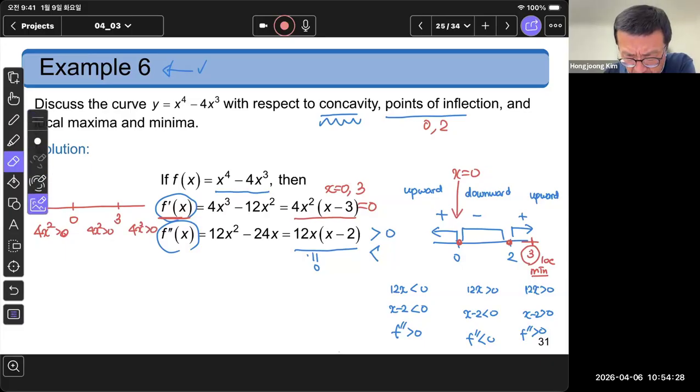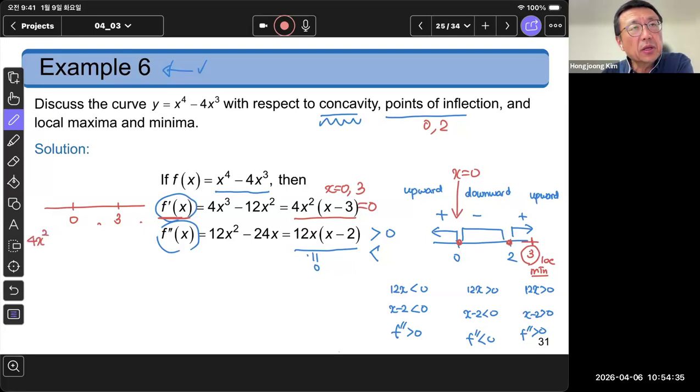Okay, so let me rewrite this. The term 4x squared is positive regardless of the x value. And then how about x minus 3? To the left of 3, it is negative.